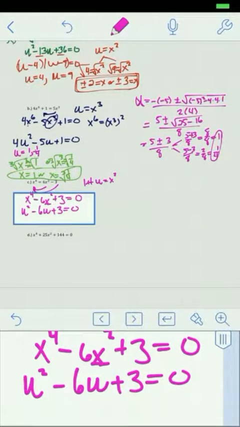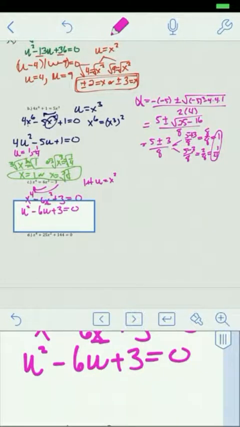This one I am going to factor, just for time's sake. Two things that add to negative 6 and multiply to 3. Never mind, I'm not going to factor because nothing does that.